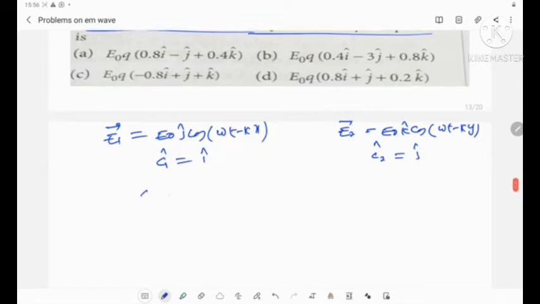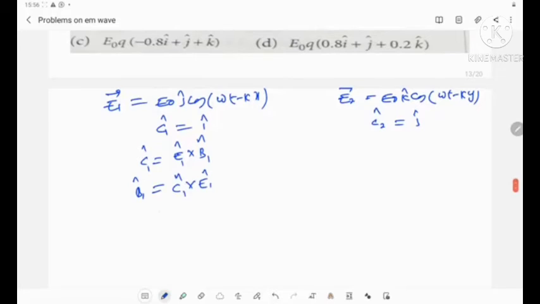See here, C cap is equal to E cap cross B cap, meaning C1 cap, E1 cap, B1 cap. But you have to find out B1 cap. B1 cap is equal to C1 cap cross E1 cap.